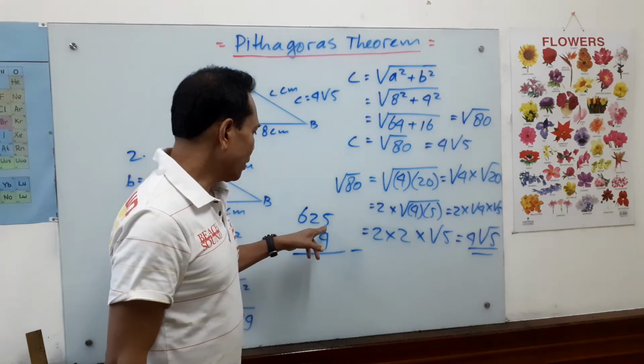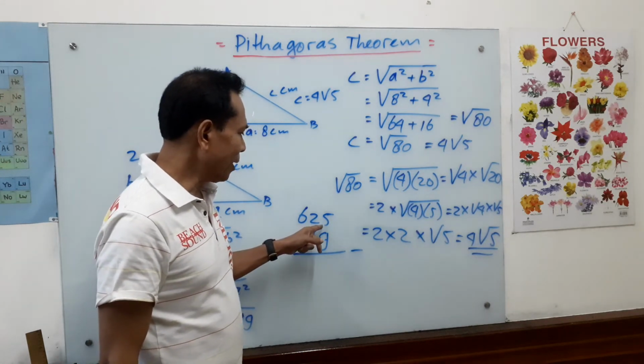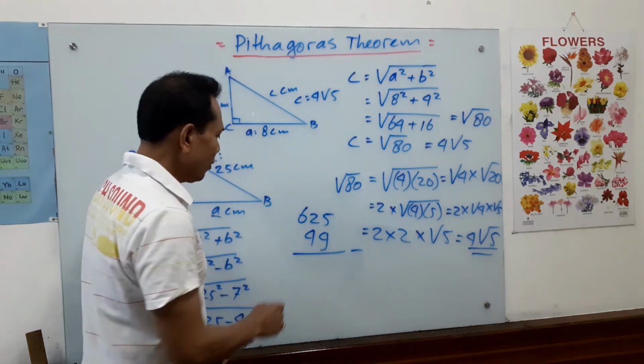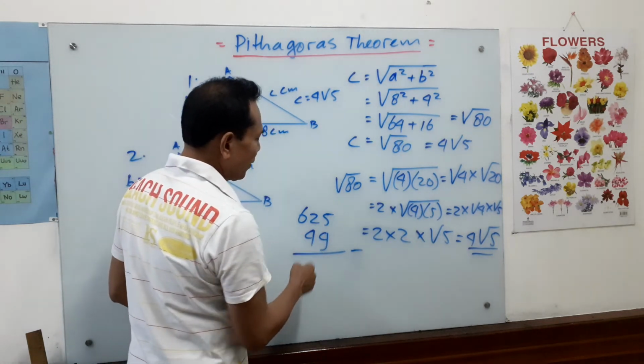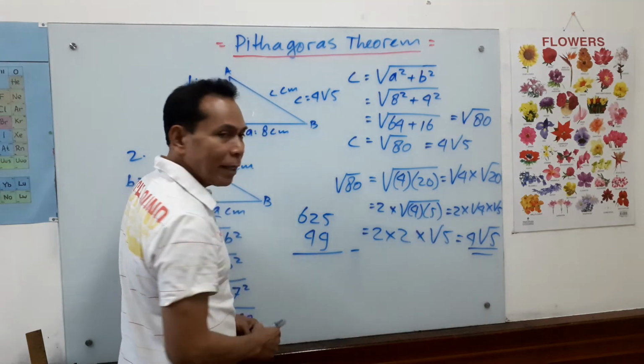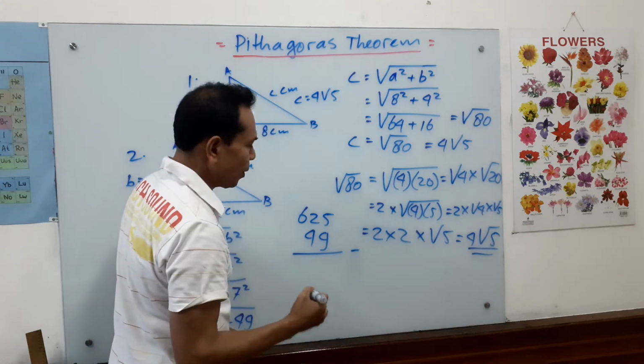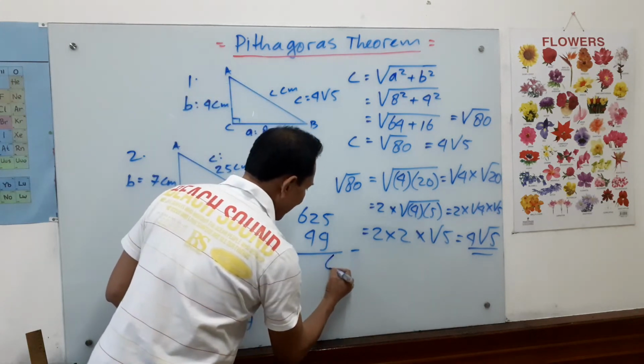Now, this 5 is smaller than 9, so we borrow 1 from here and make it 15. 15 minus 9 is 6, because 6 plus 9 is 15. So we put 6 here.